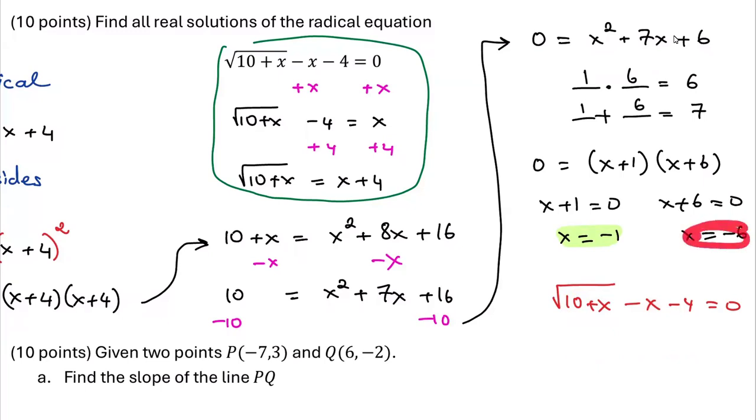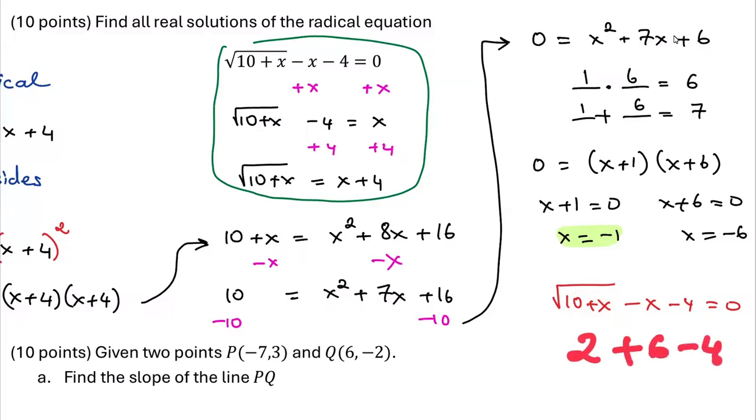So x equals -1 is one of the solutions. Next, let's find out what x equals -6. So I'm going to plug the -6 in here. All right. So 10 plus -6 is a positive 4. Square root of 4 is 2. Minus with a -6 becomes a plus 6, minus 4.